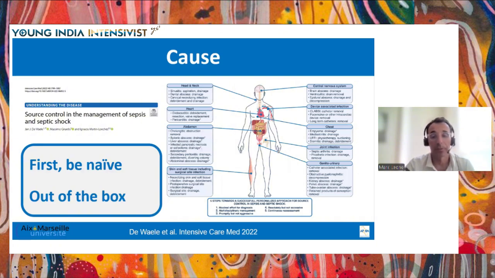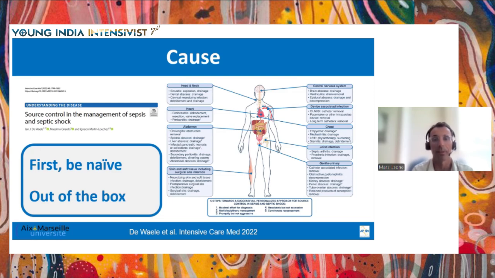It is very important, and I like this review from my friend Jan De Waele, explaining how to manage source control in patients with sepsis and septic shock. Try to be naive first. So try to be naive and look at the patient systematically from head to toe.